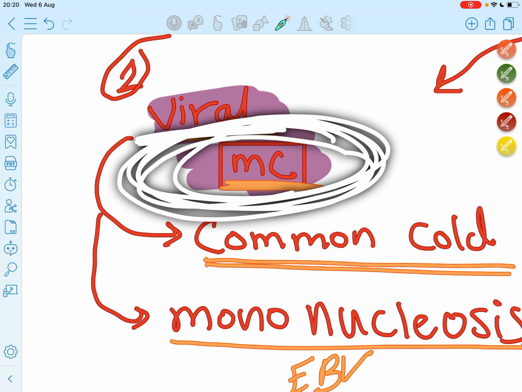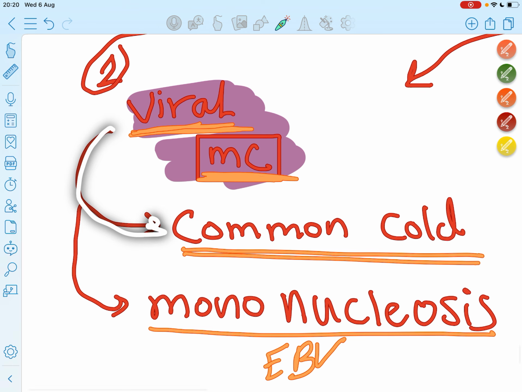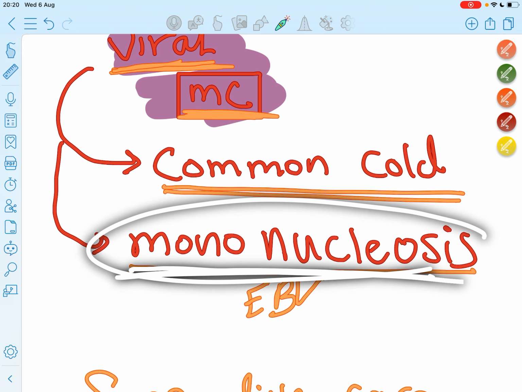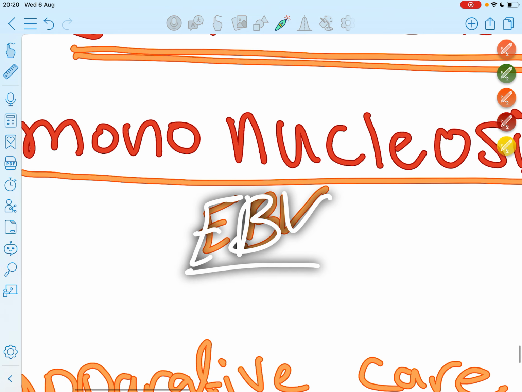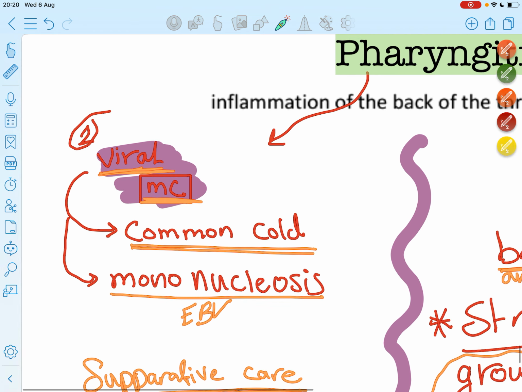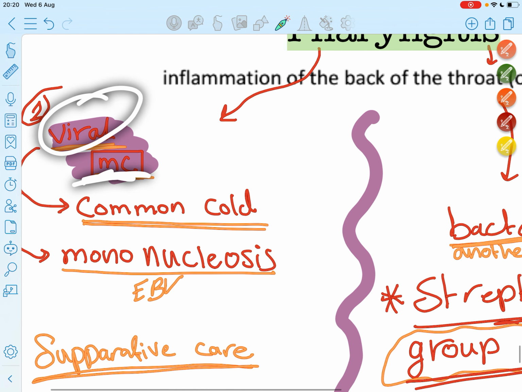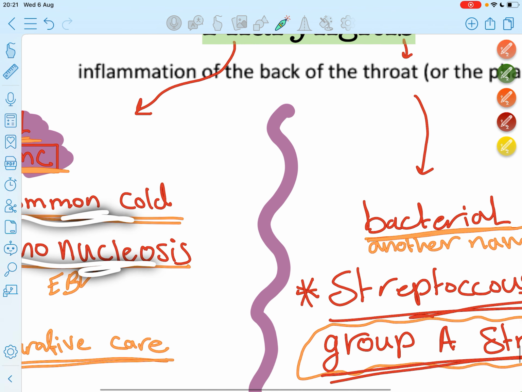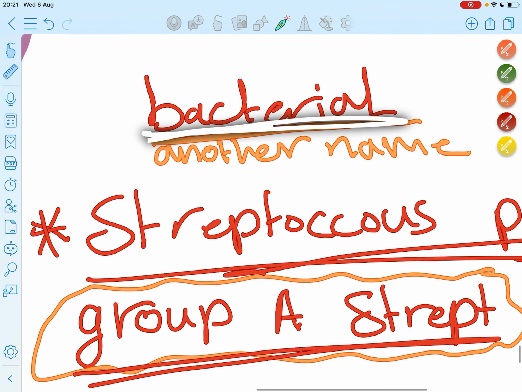Viruses in the common cold may cause pharyngitis, and viruses in mononucleosis, like Epstein-Barr virus, may cause pharyngitis. Let's repeat it: viral is the most common cause, such as the viruses in common cold or mononucleosis. The other pathogen is the bacterial cause.